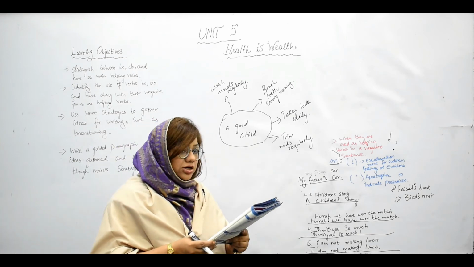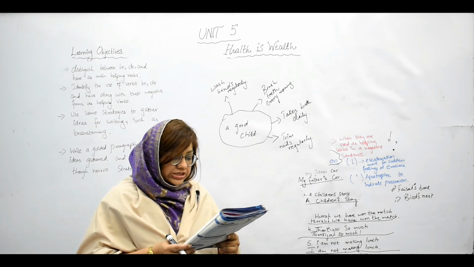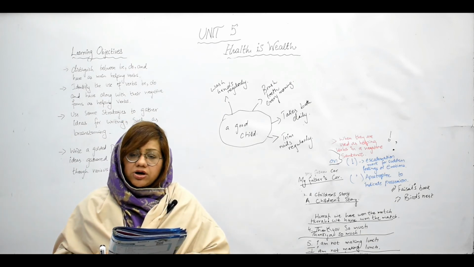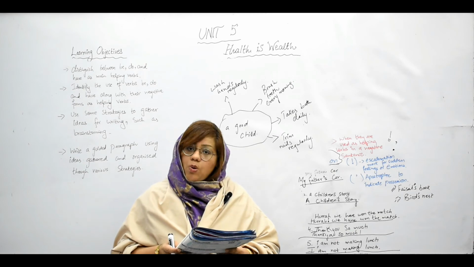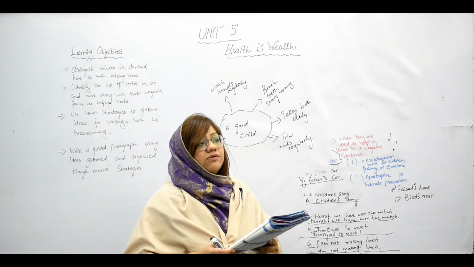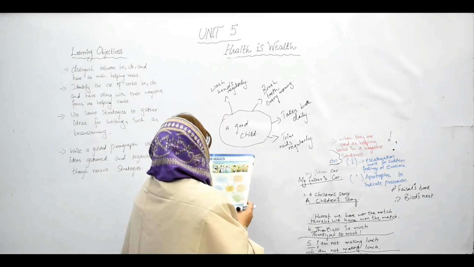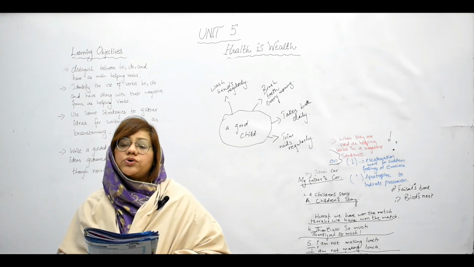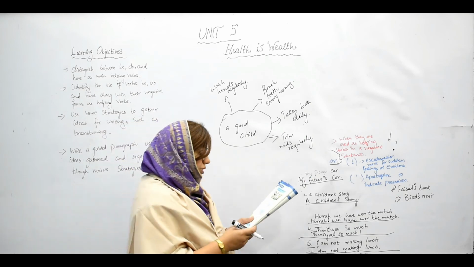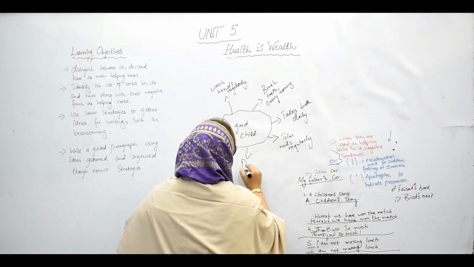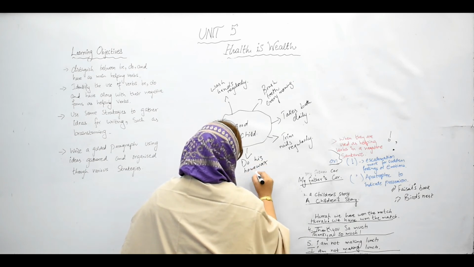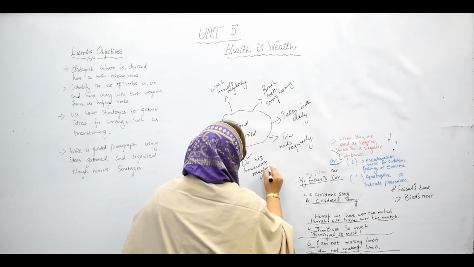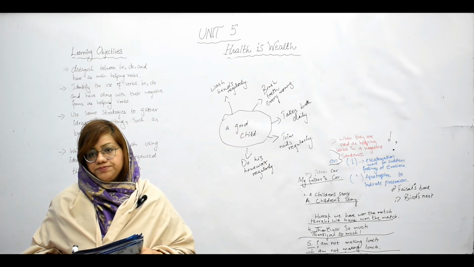Now look at picture number 5. A boy is sitting at his writing table doing some work. Yes, he's doing his homework. It's a very good sign, and a good child always does his homework regularly.